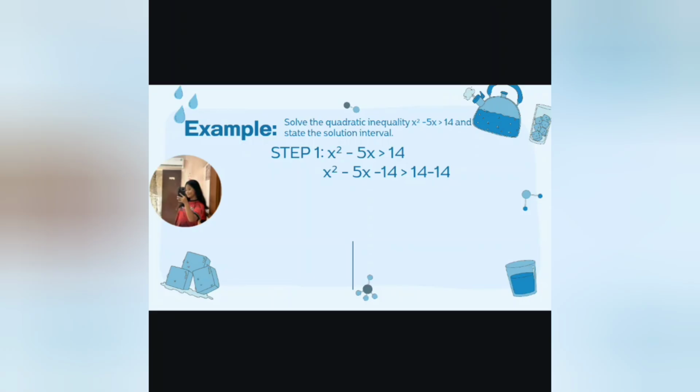That will be x squared minus 5x minus 14 is greater than 14 minus 14, since here we're applying the same operation to both sides. What you do on the left side, you also do on the right side. After that, we subtract 14 minus 14, which becomes 0. So here we have x squared minus 5x minus 14 greater than 0.